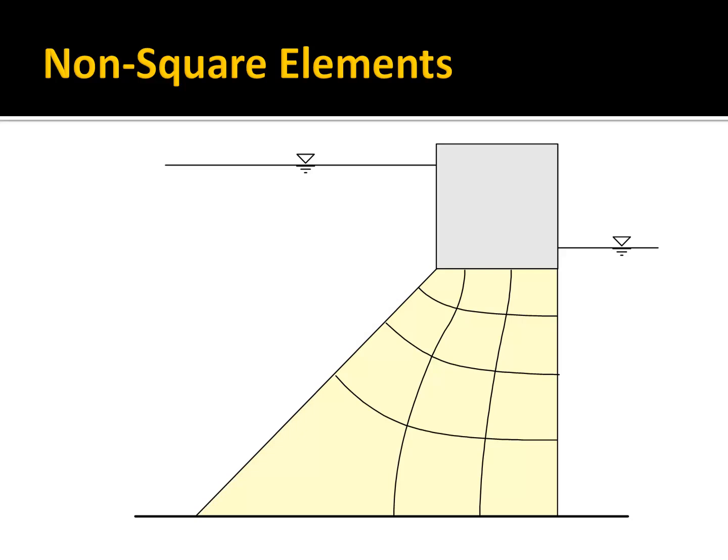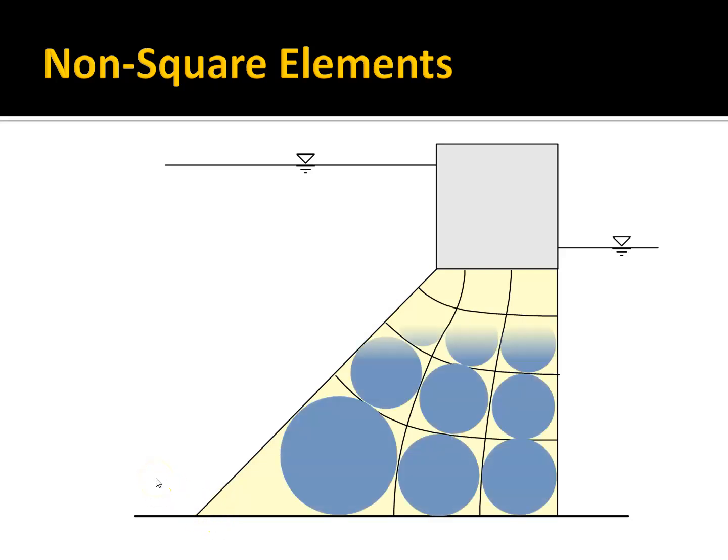Sometimes, what do you do if you have non-square elements? This is a cofferdam, maybe an impermeable barrier on top of a soil, and up here at this corner and down here at this corner, this is an equipotential line and this is a flow line. Just by nature of the geometry, it doesn't quite work out, but that's okay, as long as you still preserve this equal length to width ratio concept we talked about.